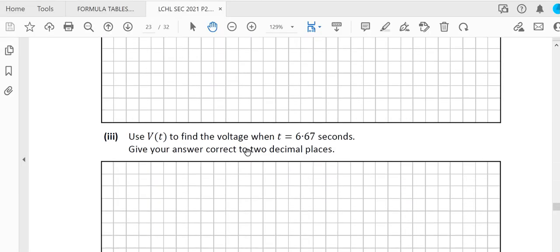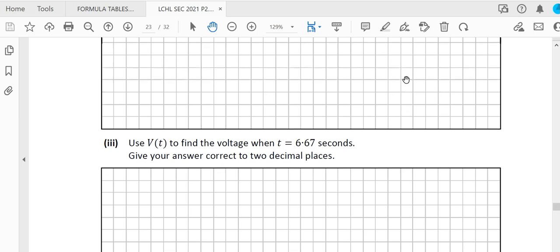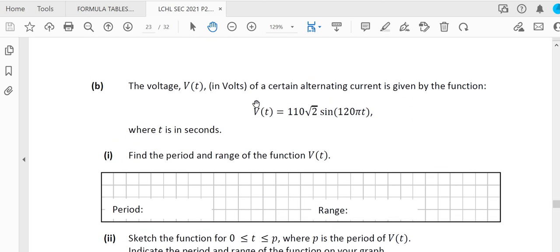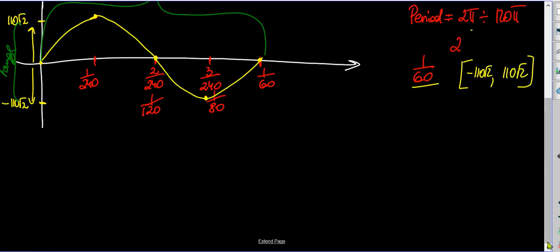Use V(t) to find the voltage when t is 6.67 seconds. Give your answer correct to 2 decimal places. That's simple enough. We just take our function and find the value of v when t is 6.67.